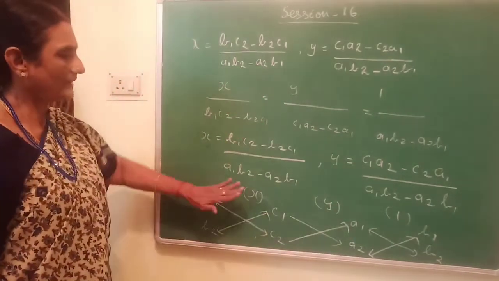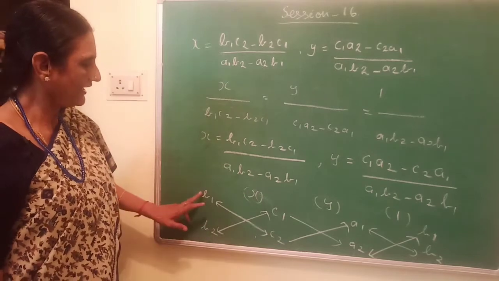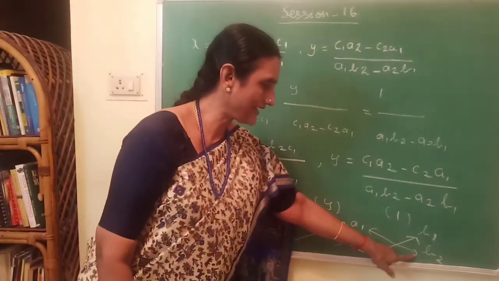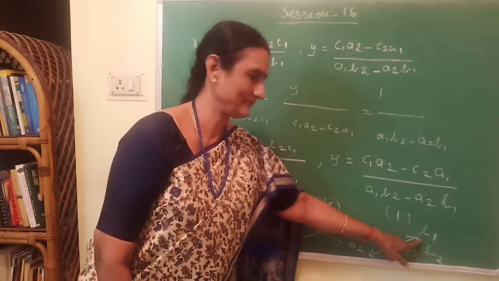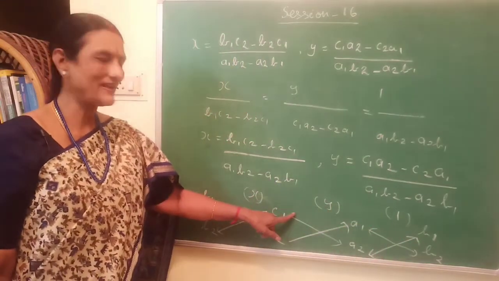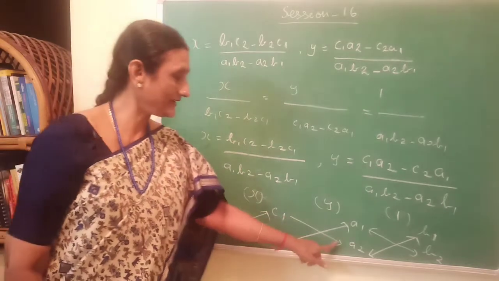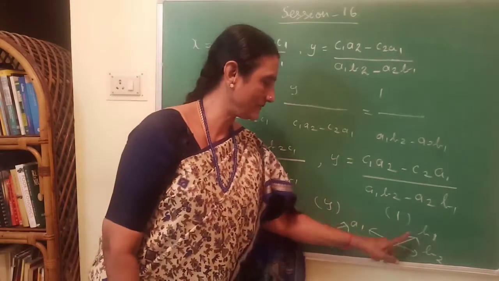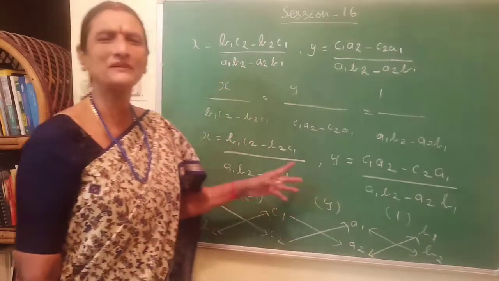Now tell me, x is equal to b1 c2 minus b2 c1 divided by a1 b2 minus a2 b1. In order to get y, what do we do? c1 a2 minus c2 a1 divided by a1 b2 minus a2 b1. These are all some tips.